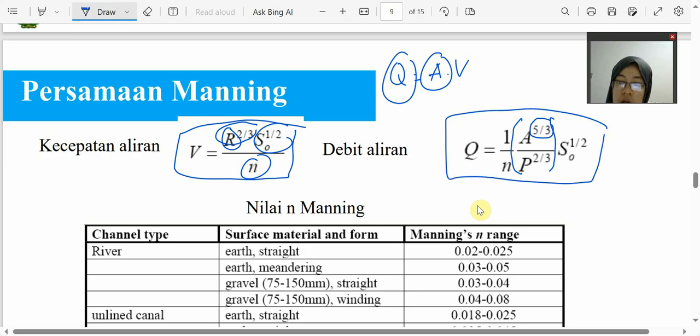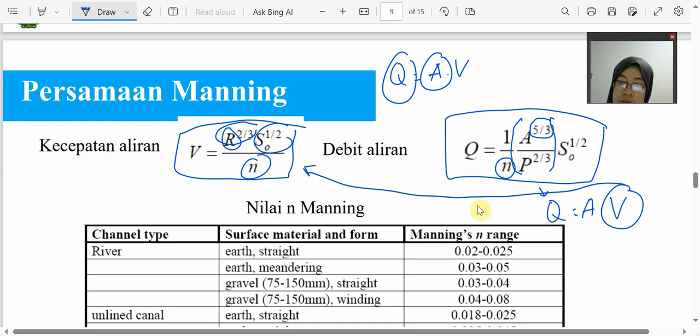So this is how to calculate the discharge considering the Manning equation. So this is equal to Q equals A times V, so V from this times A.